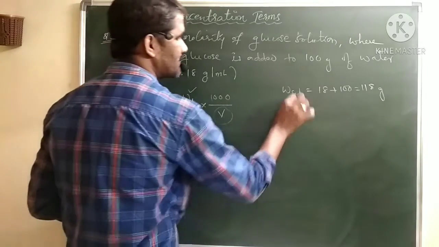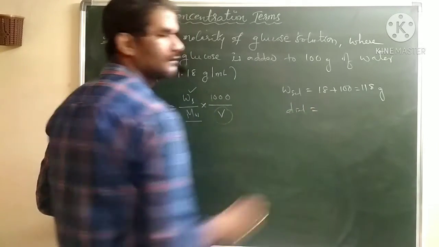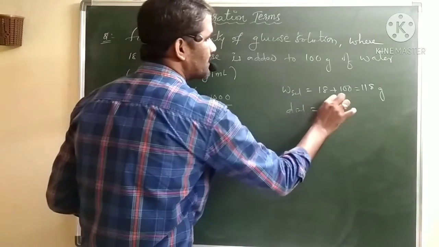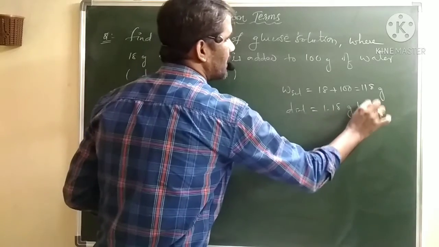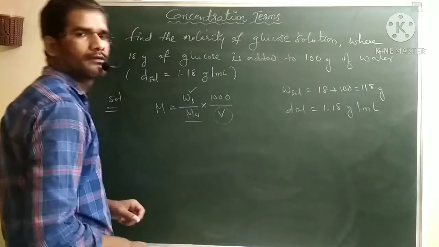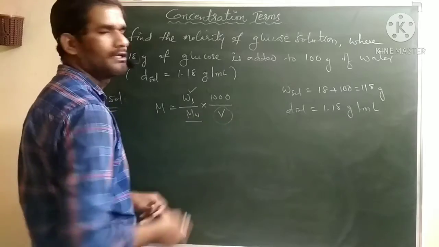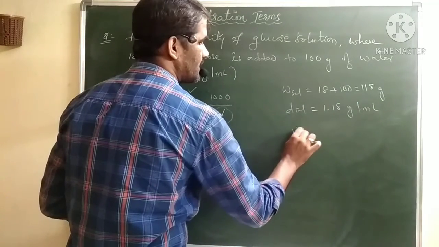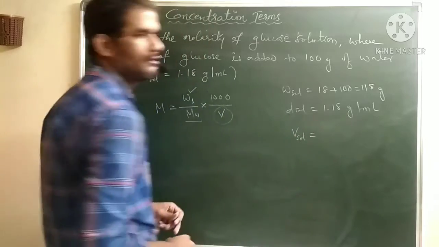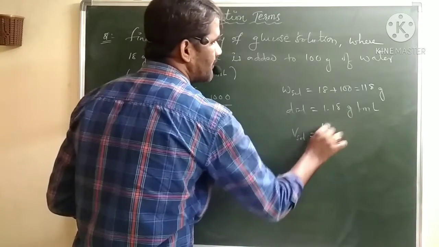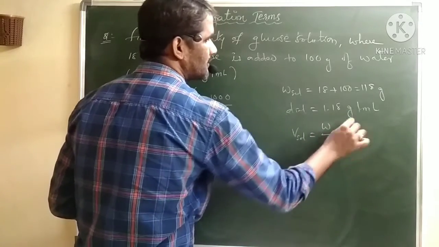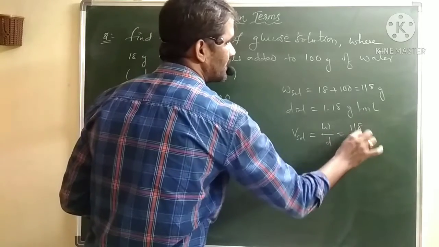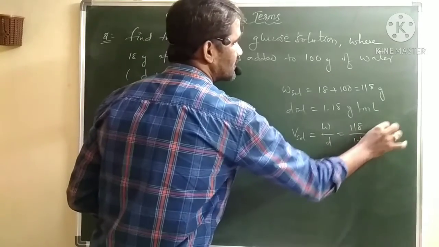And what is the density of solution? That is 1.18 gram per ml. So just in place of volume, we can substitute this, or you can calculate directly here individually. Volume of solution means weight by density. That is nothing but 118 by 1.18.